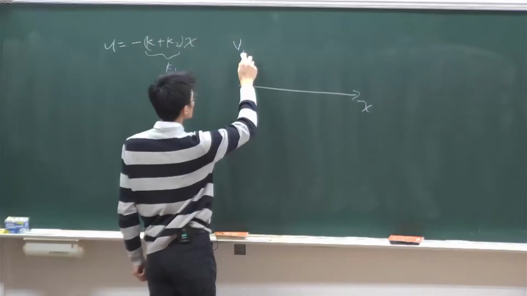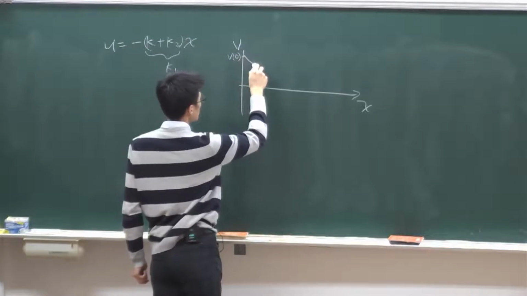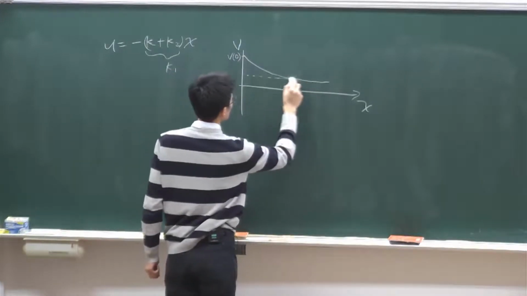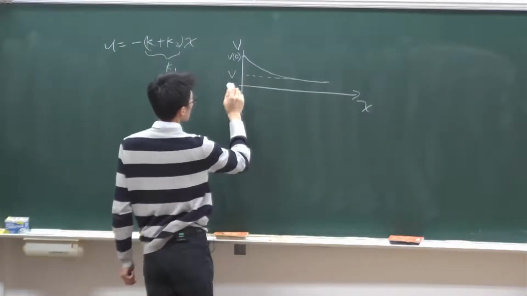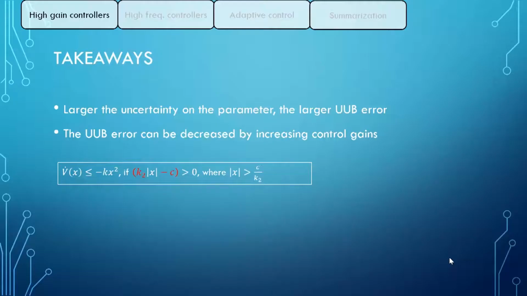So if you start from here, it will decrease until some value. It always decreases as long as this condition holds, because when it holds, vita will be negative, which means it's always decreasing.